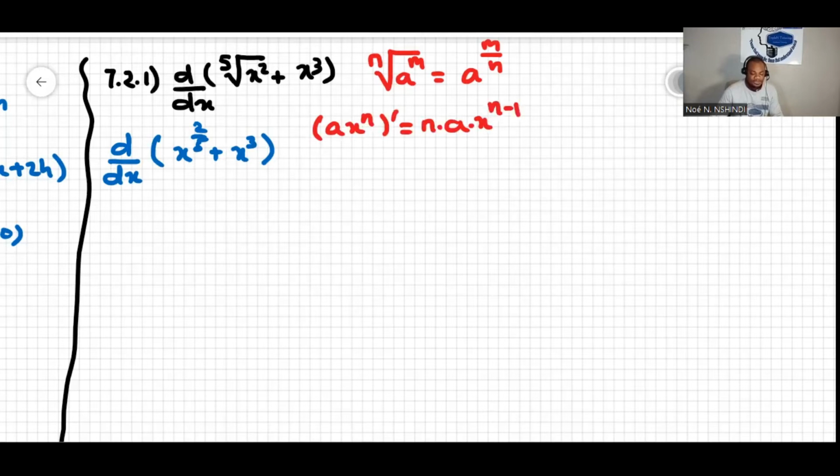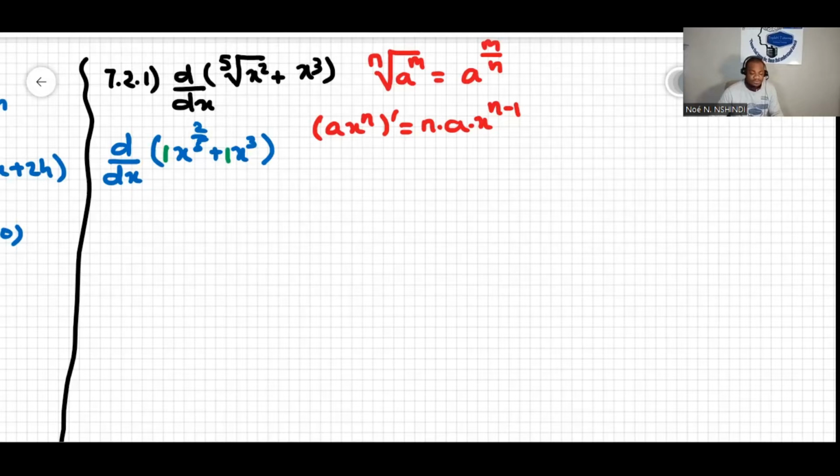So over here, to differentiate that, remember that a is just 1, and the exponent is 2 over 5. Similarly, here also a is 1. When you don't see the coefficient in front of the x, understand it is 1, and the exponent is 3.